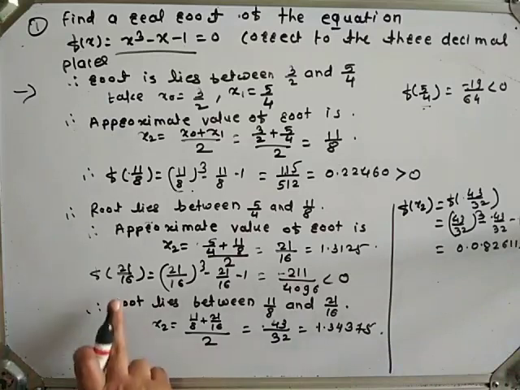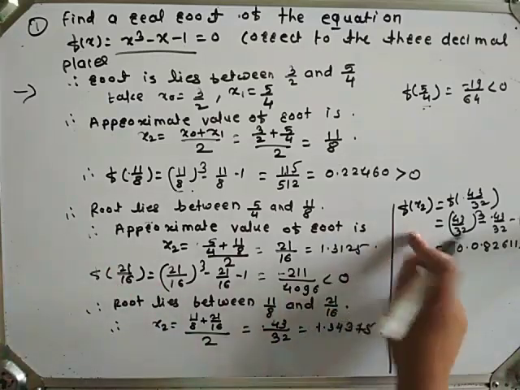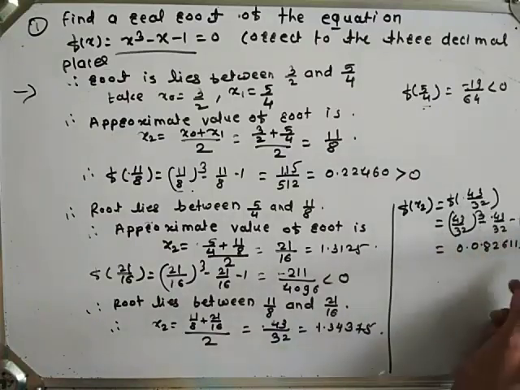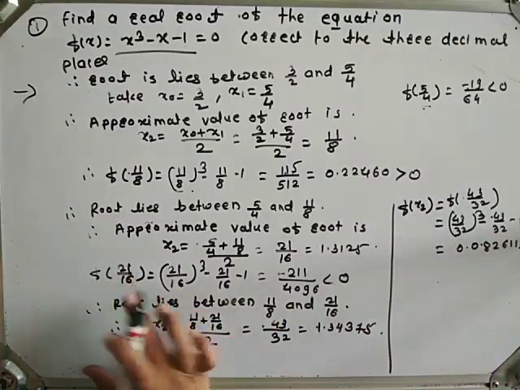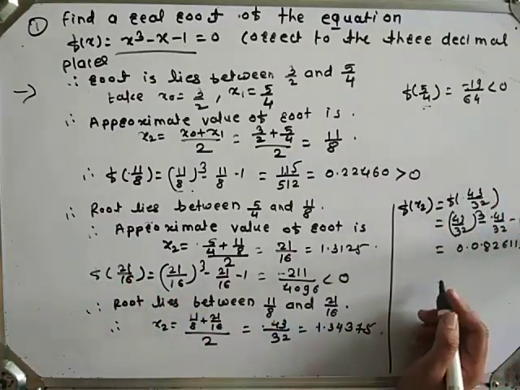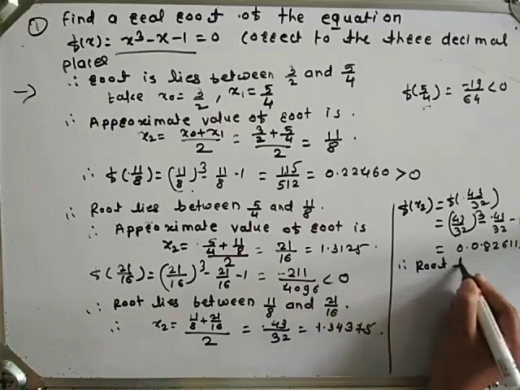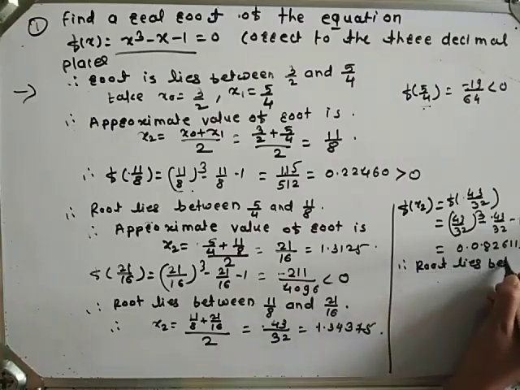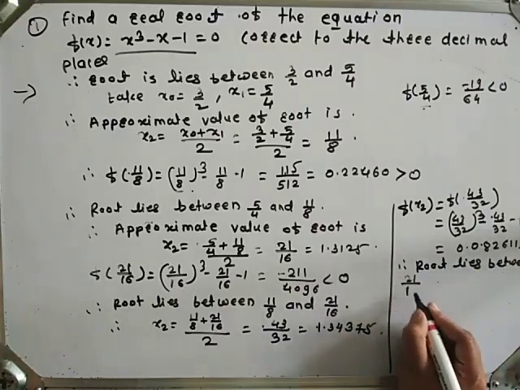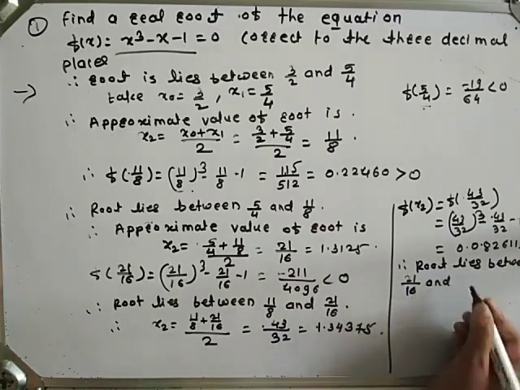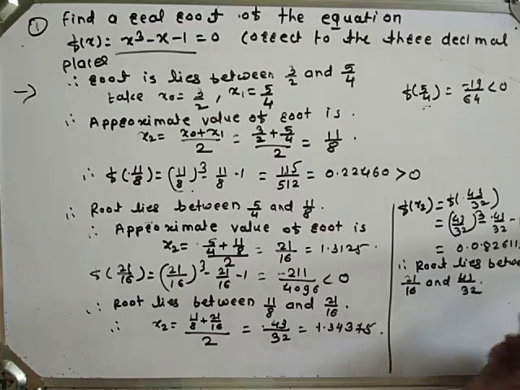See here, f of 21/16 is negative and f of 43/32 is positive. Therefore the root lies between 21/16 and 43/32.